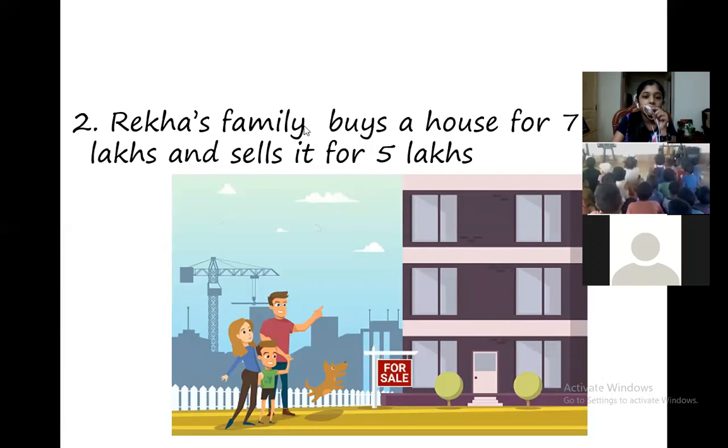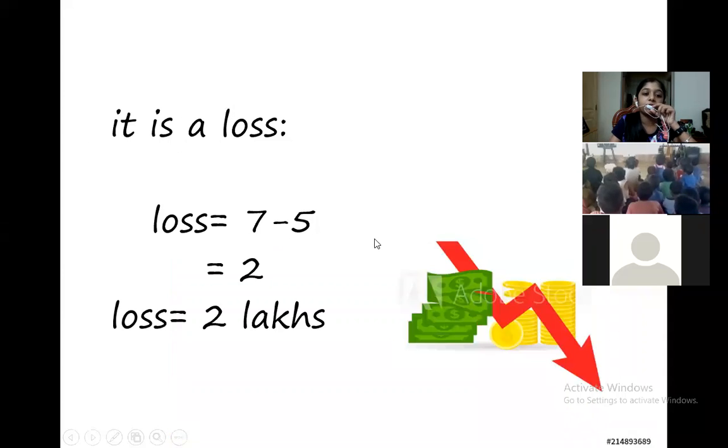Yes, right? When the cost price is higher than the selling price, then it is a loss. How do you find it? Higher number minus lower number, which is 7 minus 5, 2. So you get a loss of 2 lakhs.